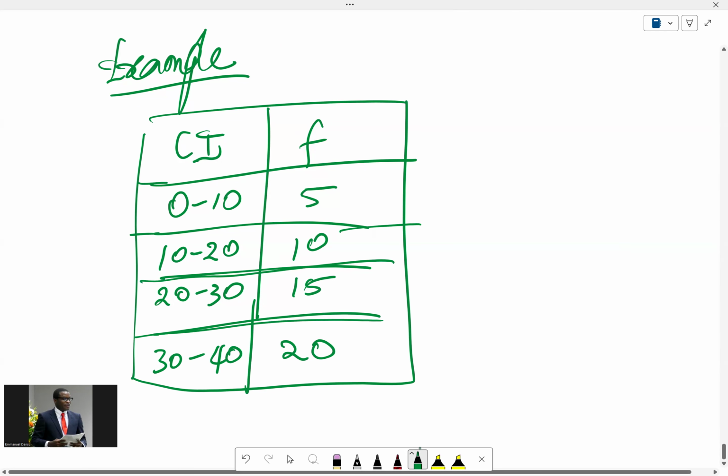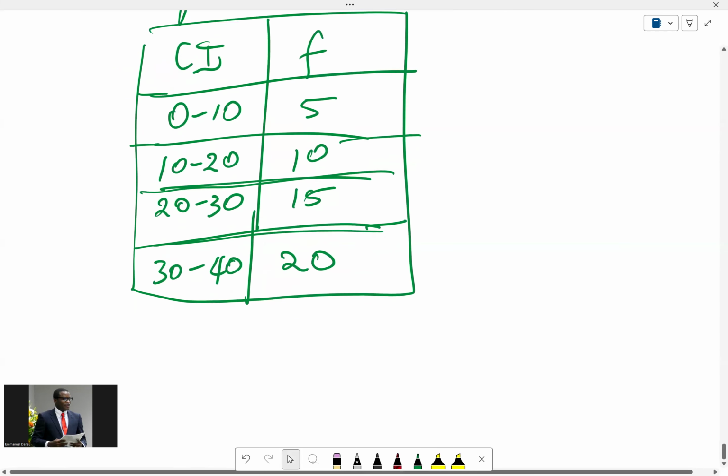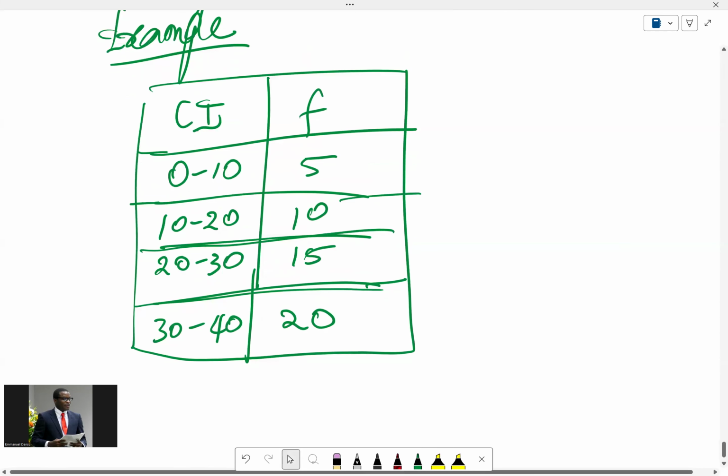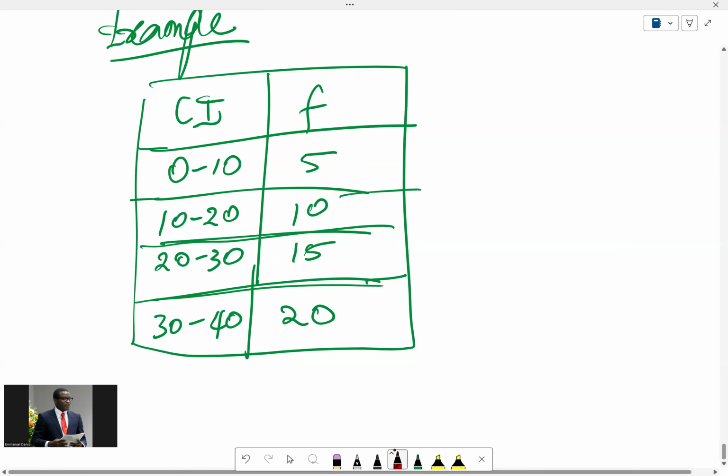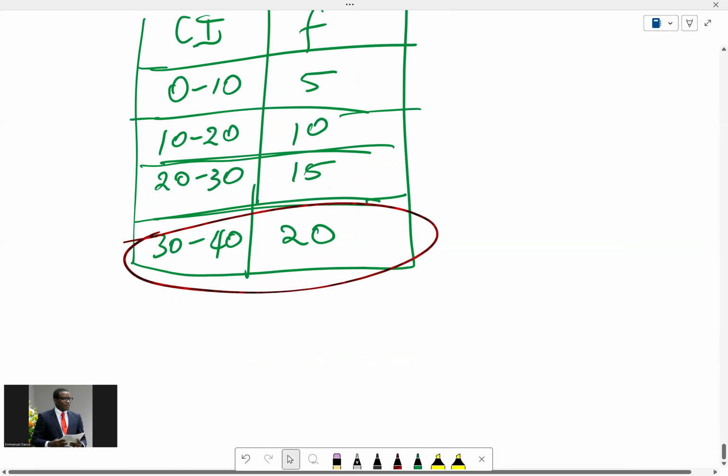As that goes, you need to unpack the formula. Of course, the modal class is clear here. The modal class is the class with the highest frequency, and the highest frequency is 20. So the class with that frequency is 30 to 40.